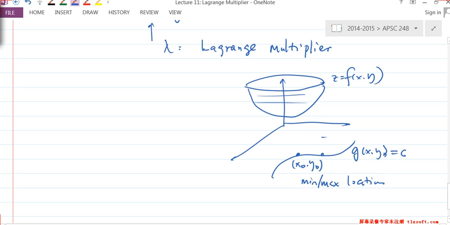As we just said, at this location, your del g and del f will be parallel. Okay? Since del G and del F, I'm not sure, maybe it's the same direction, who knows. So that's basically going to be parallel.